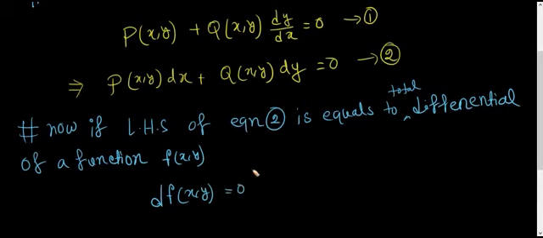So the main part is to understand that if you can have some function whose total differential is 0, then you can write the left hand side of equation 2 to be equal to this part. So let's call it equation 3.